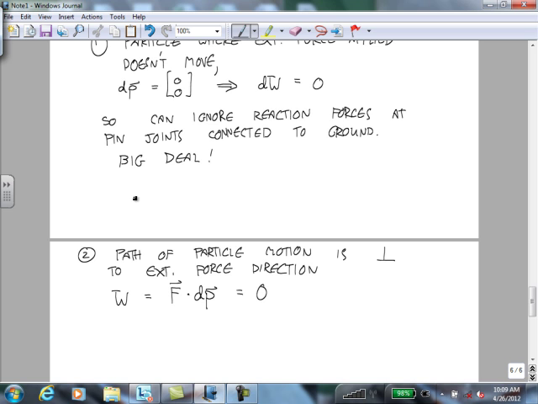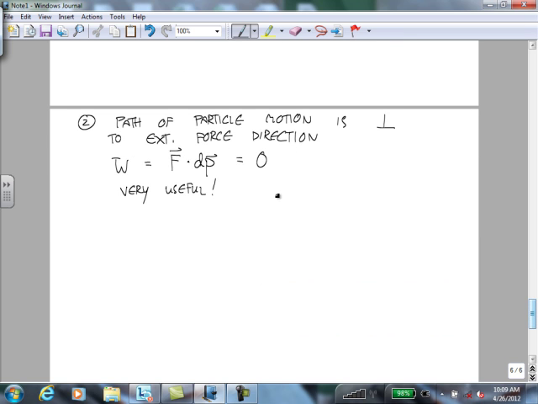Okay, so this is very useful. And so here are some examples where those come up. If your linkage has rollers, wheels, sliders, pins moving in slots.